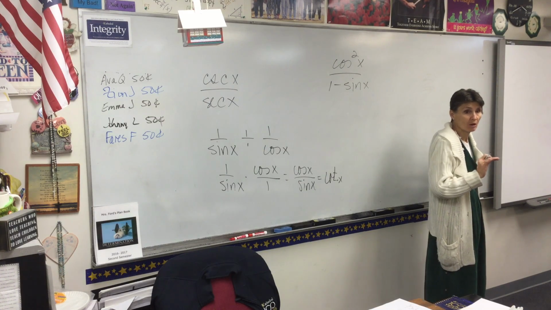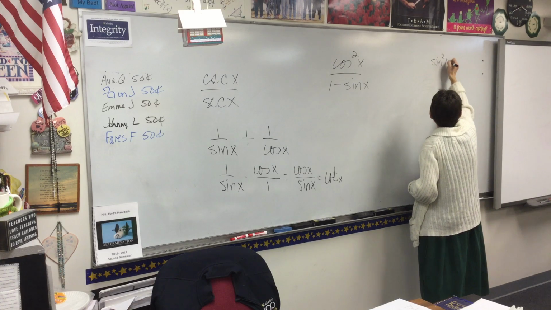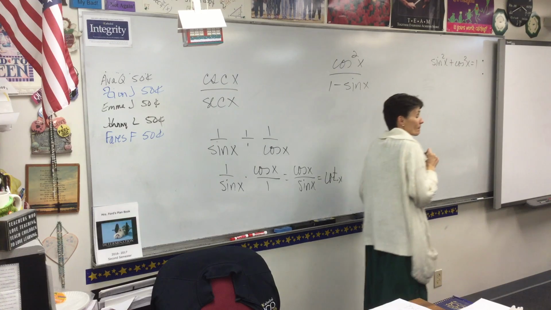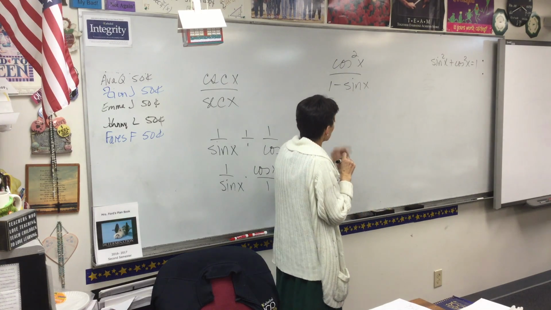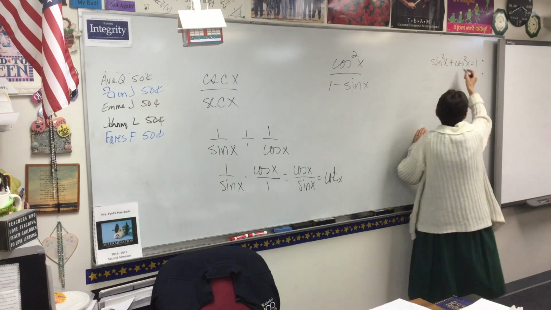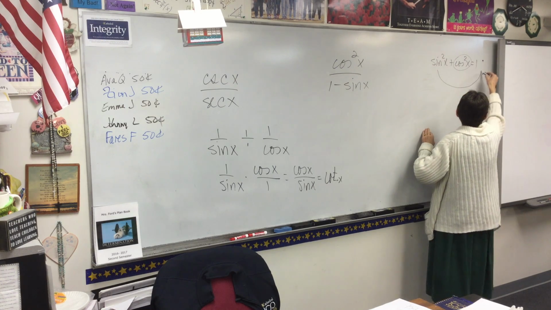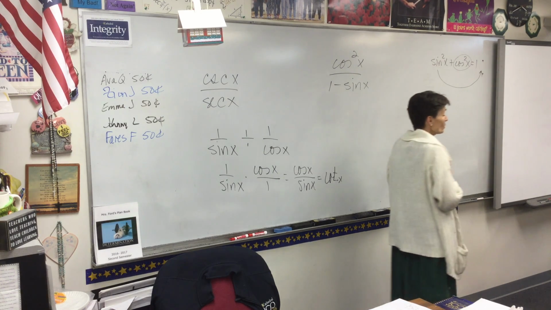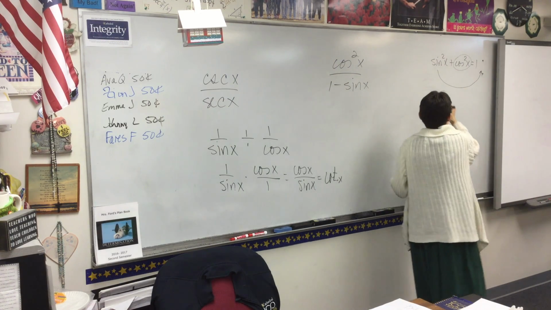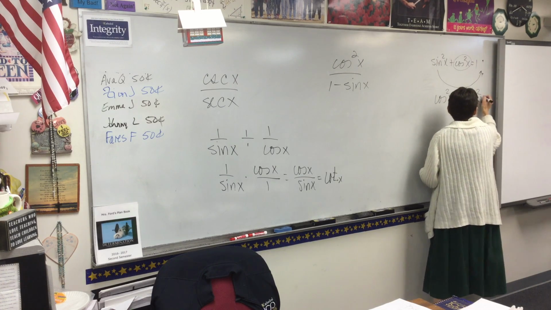So the one that's appropriate to this one is sine squared plus cosine squared equals 1. Now, if sine squared plus cosine squared equals 1, what does cosine squared equal all by itself? 1 minus sine squared.